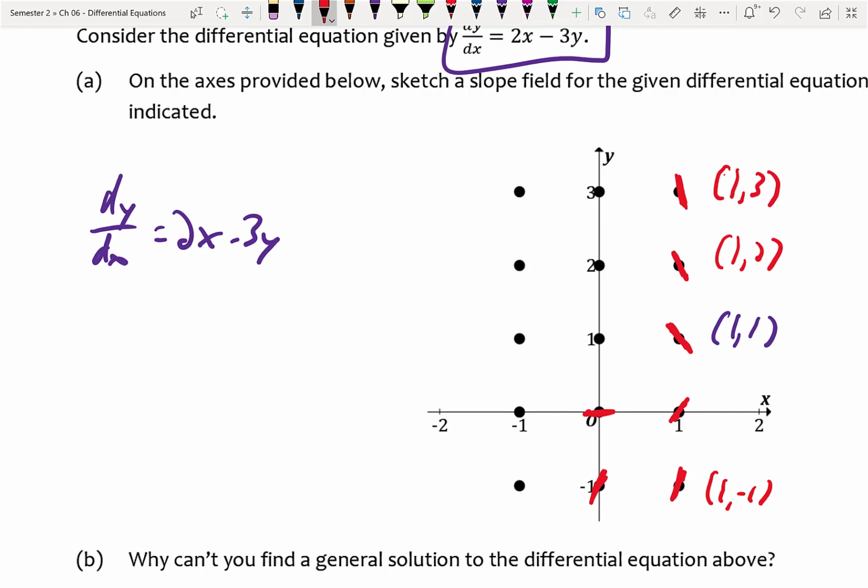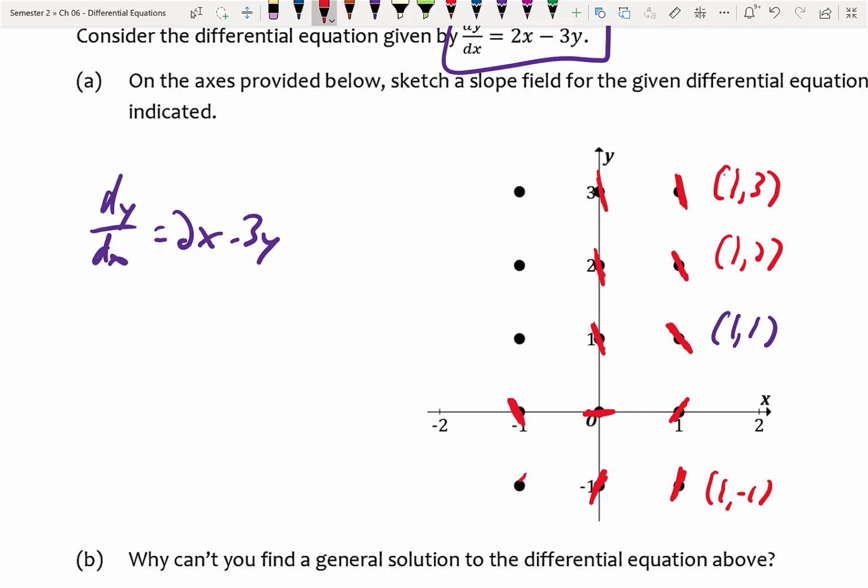0, 1 is negative 3, so that's reflecting that, but that's kind of steep down. Then negative 5 should be steeper, and then negative 9 should be steeper there. Then I have negative 1 on all of these, so plugging in negative 1, this should be a slope of negative 2. If I plug in negative 1, this is negative 2 plus 3.